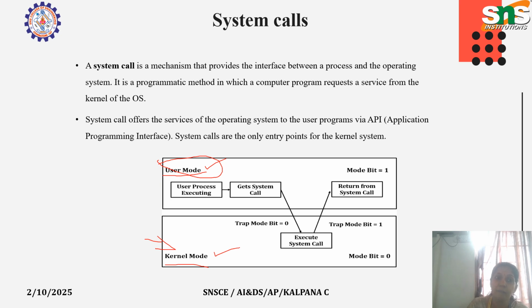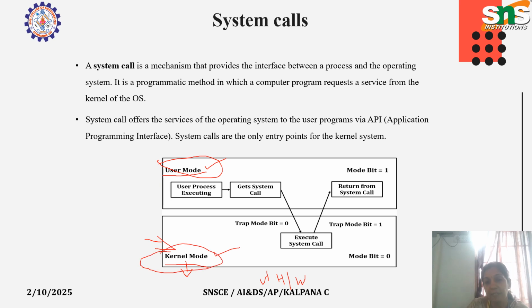Actually, when we implement in kernel mode, it will be easier to communicate with the hardware, because this kernel is directly contacting your hardware. So the process will be very much easier if you run any program in kernel mode. But then we are restricting.